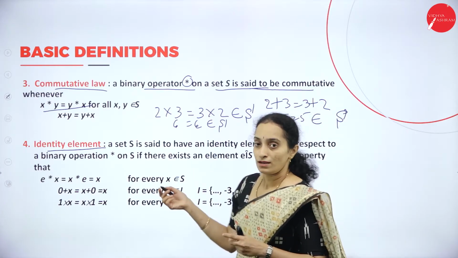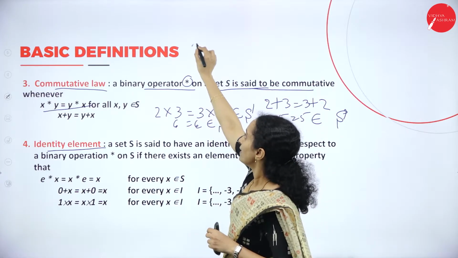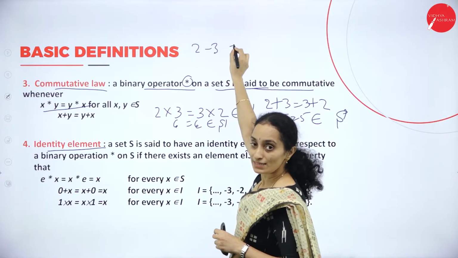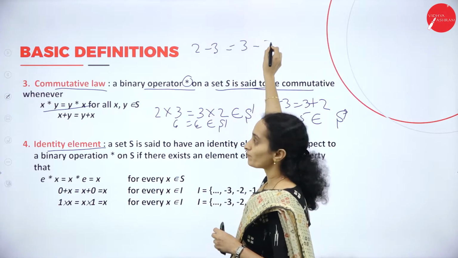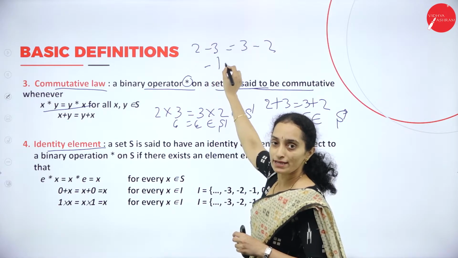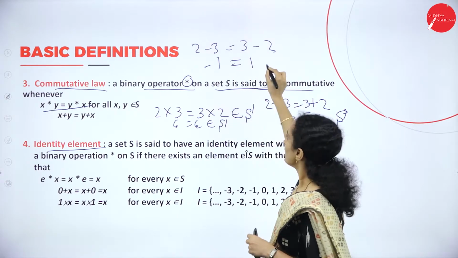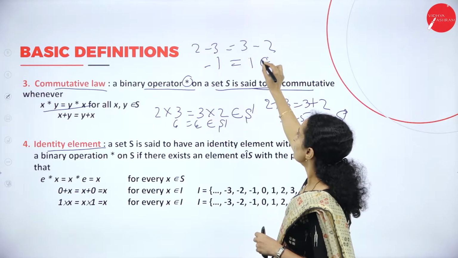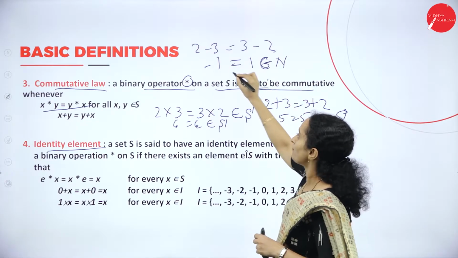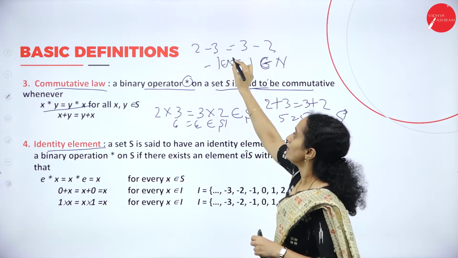If you take the minus operator again, 2 minus 3, is it equal to 3 minus 2? 2 minus 3 will give you minus 1, 3 minus 2 will give you 1. Even though 1 belongs to the set of natural numbers, minus 1 does not.